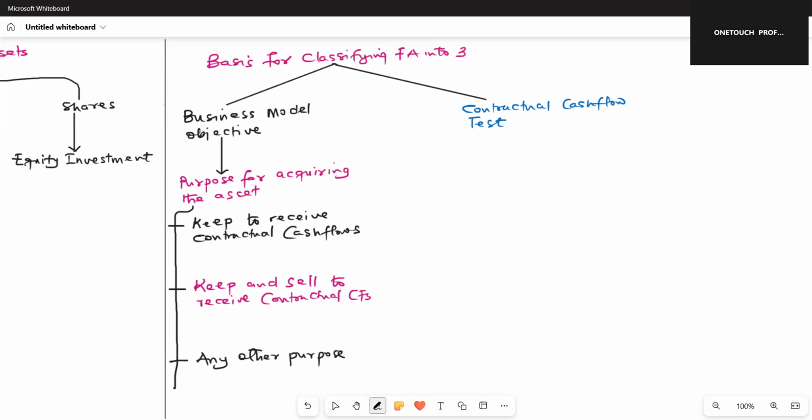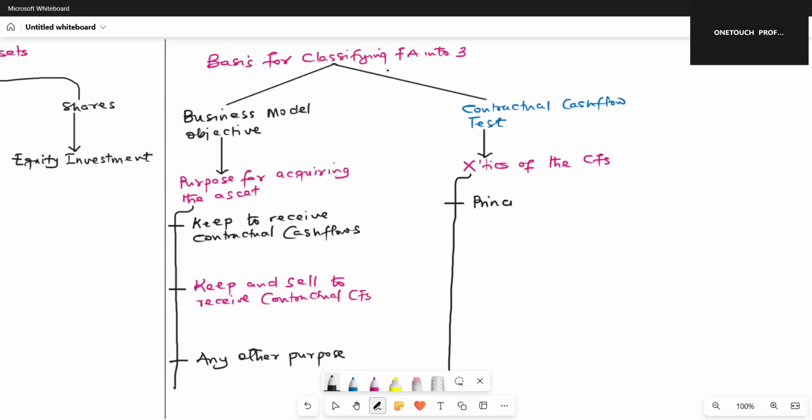Then the contractual cash flow test, we are looking at the characteristics of the cash flows, the cash flows that will be received by the holder. What are its characteristics? Some will receive principal plus interest on principal outstanding.